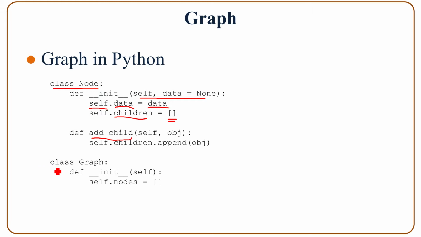We also have another class, namely Graph, because a node may not reach every node in the graph, so we need this. And nodes is initialized with an empty array or list.